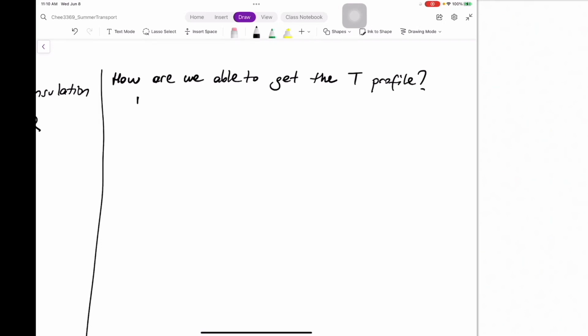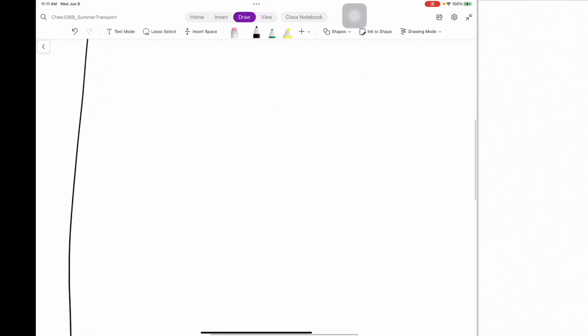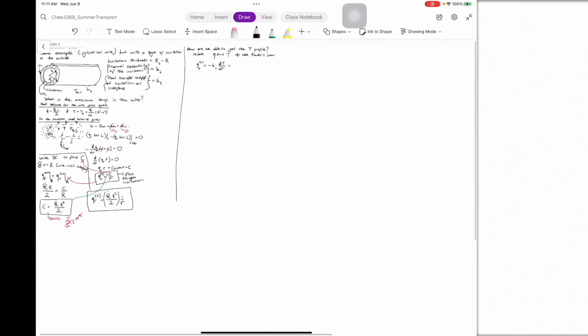We need to relate Q to temperature, which is Fourier's law. That's basically equal to Q of the insulation, which is nothing but minus K of the insulation times dT over dr. And that was equal to the QR of the insulation that was found from here. Let's call this equation 1.